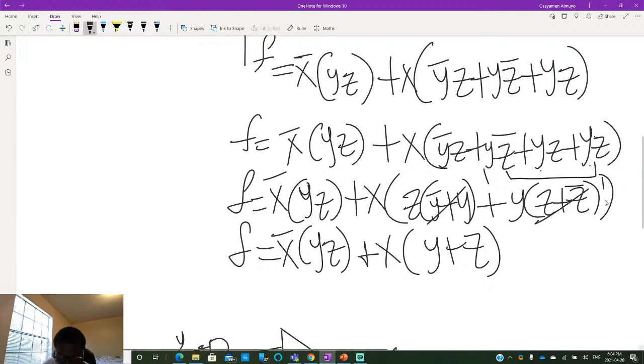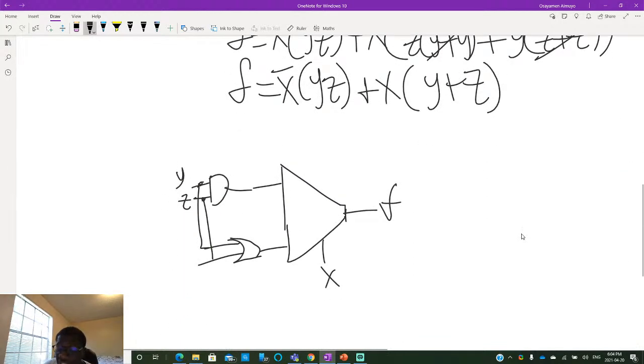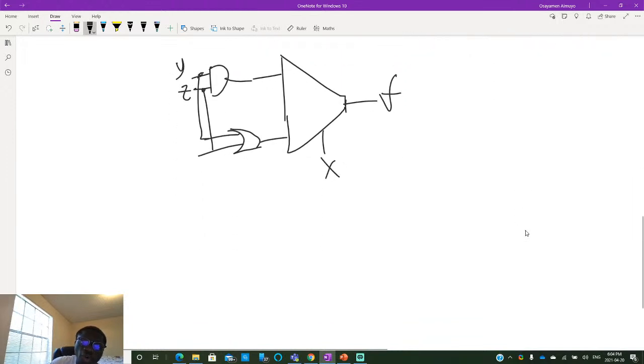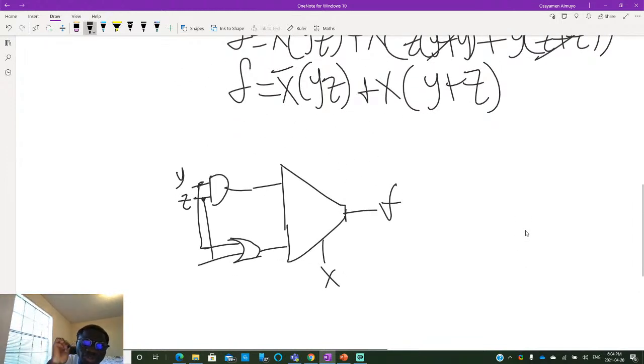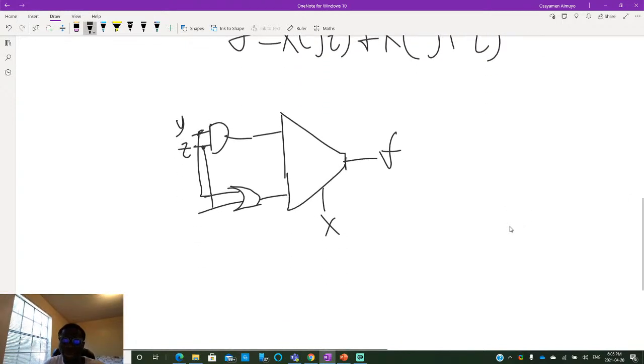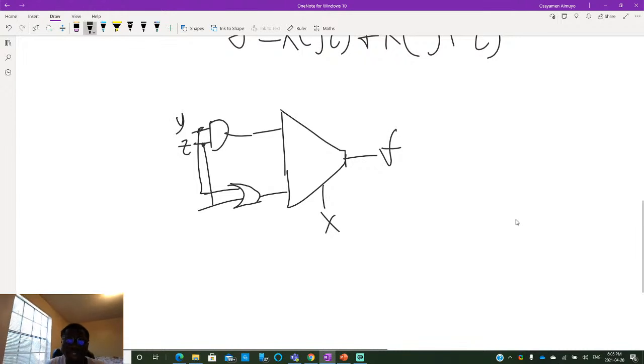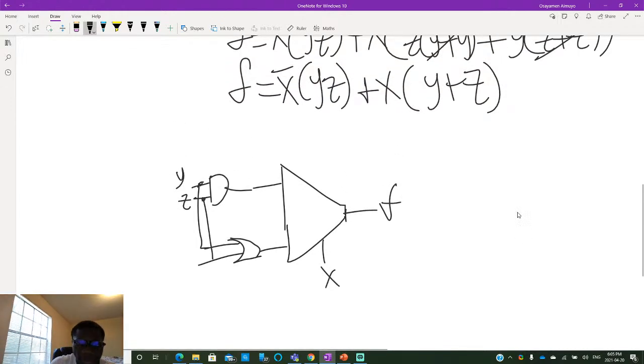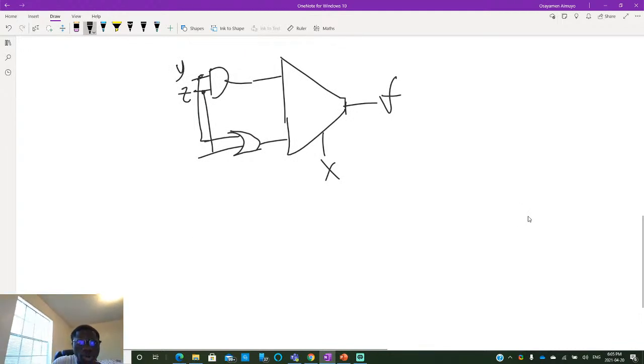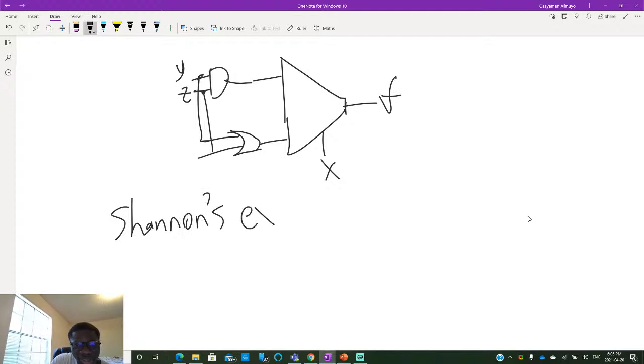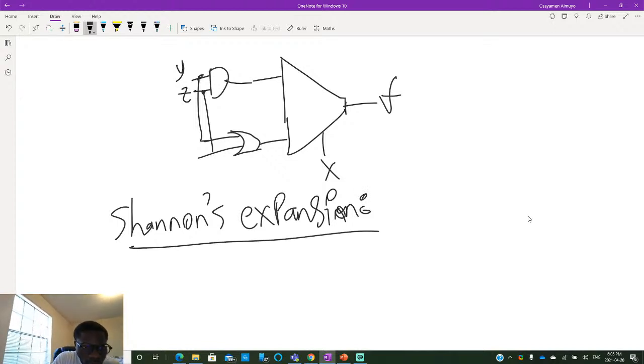So basically, this method is called Shannon's expansion. I do not think you guys were taught this in Dr. Nikoubin's class, but I'll just briefly introduce it here. So this is called Shannon's expansion. The formal definition is basically something like this.